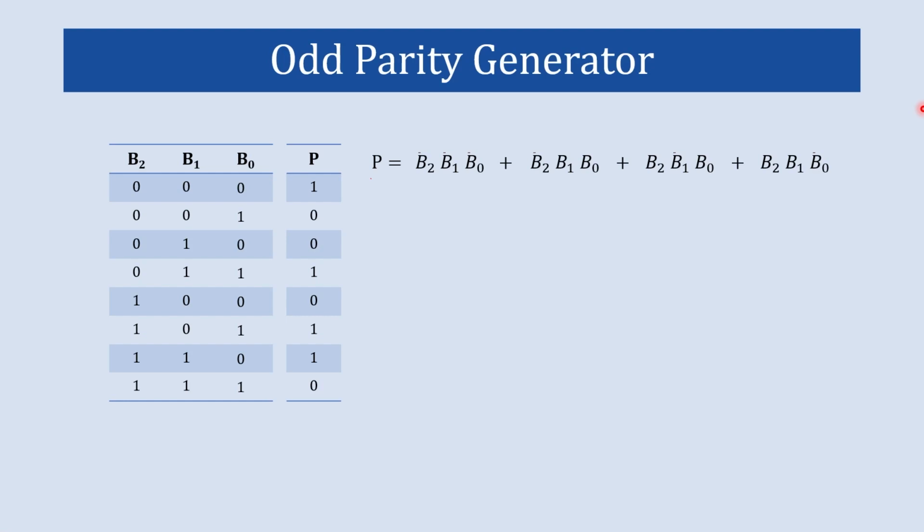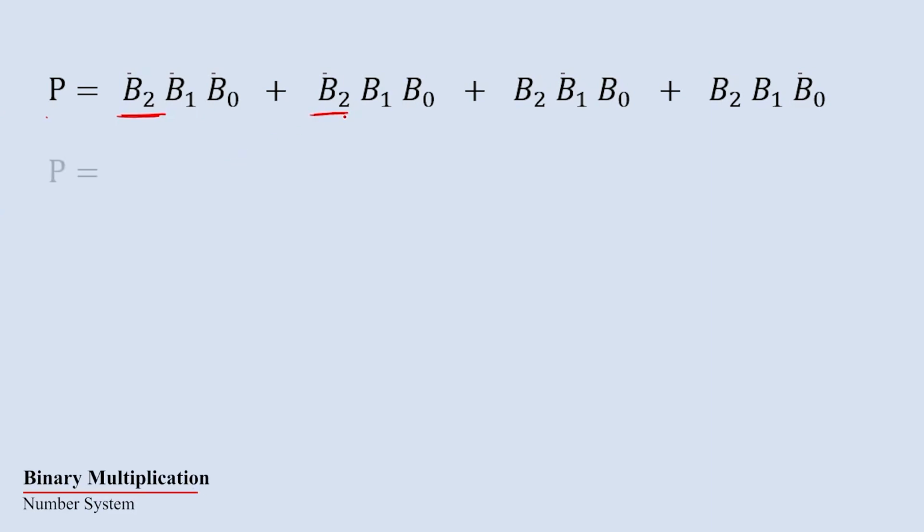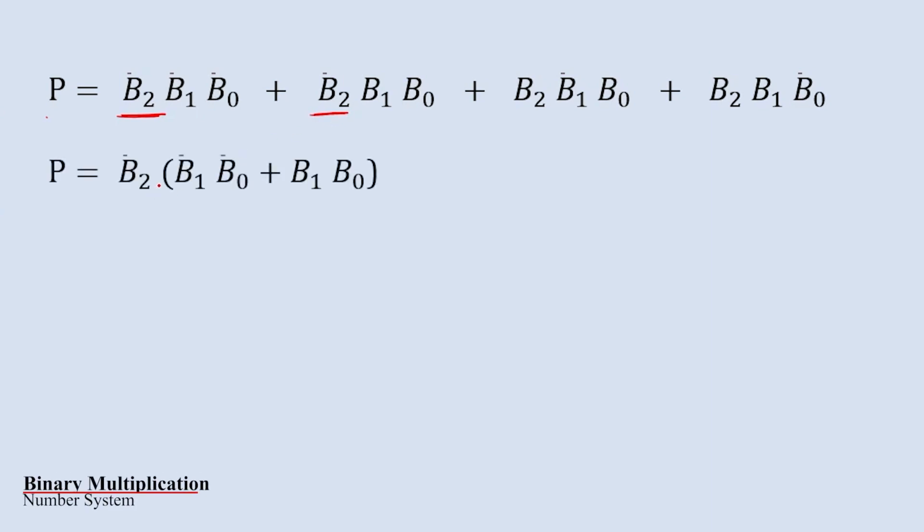Now we'll simplify this equation in order to generate a logical circuit from this boolean equation. From the first 2 terms you can see that B2 bar is common, so we can take this common out. We can rewrite as B2 bar dot, into bracket, B1 bar dot B0 bar plus B1 dot B0.